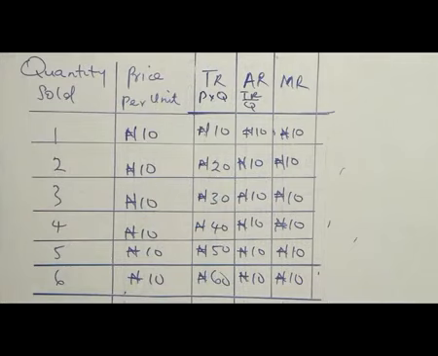We are going to analyze the table before us now. We have explained the concepts: total revenue, average revenue, marginal revenue. Now, we understand that under perfect markets, the producers or the sellers, likewise the buyers, are all price takers.